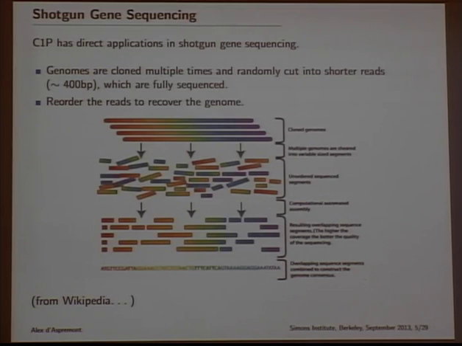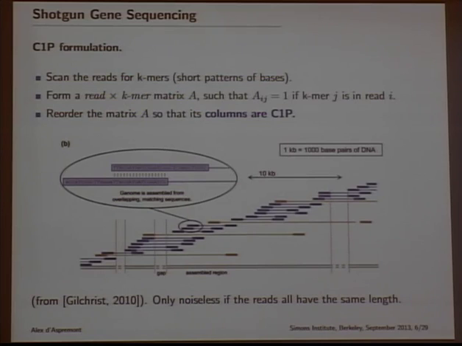And why is it connected to the problems I just mentioned? Well, it turns out that reordering these small reads is solving, roughly speaking, a C1P problem. There's a little bit of noise, etc. But essentially, when you have the small reads, reconstructing the full sequence turns out to be equivalent to solving a C1P problem. Why?